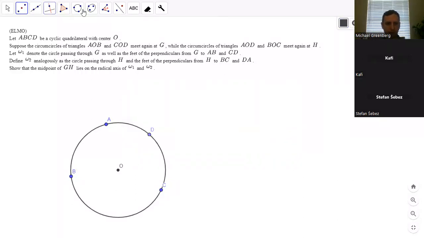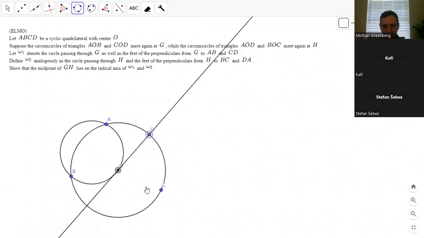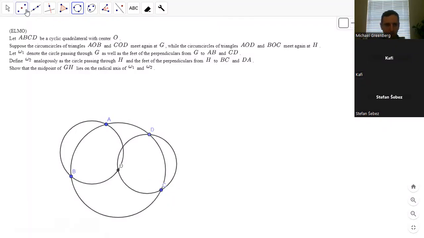And then we draw the circumcircles of AOB and COD, and they meet at G. Just random. And then AOD and BOC.